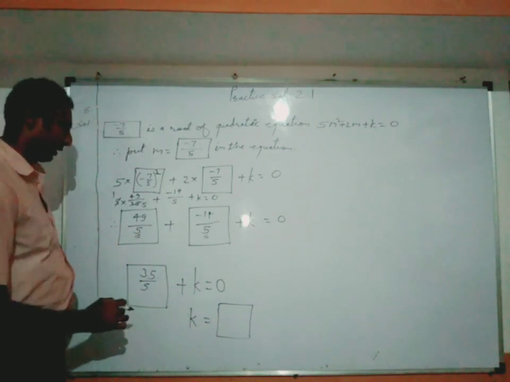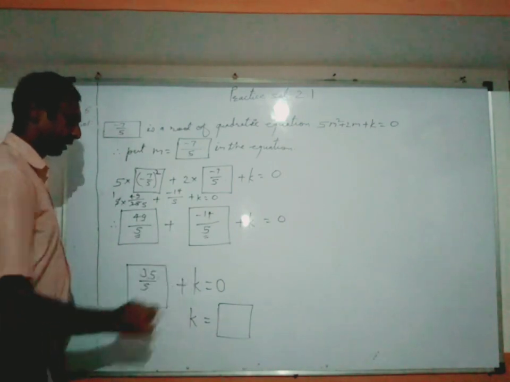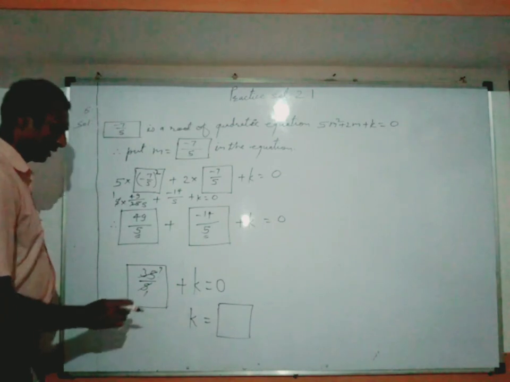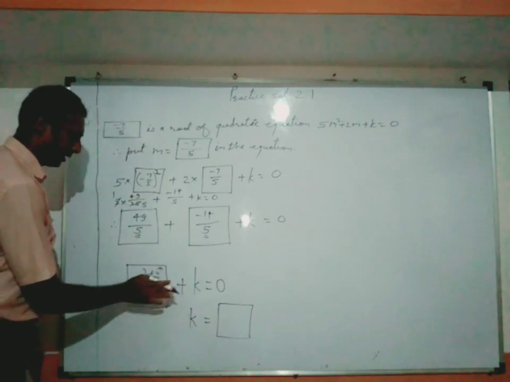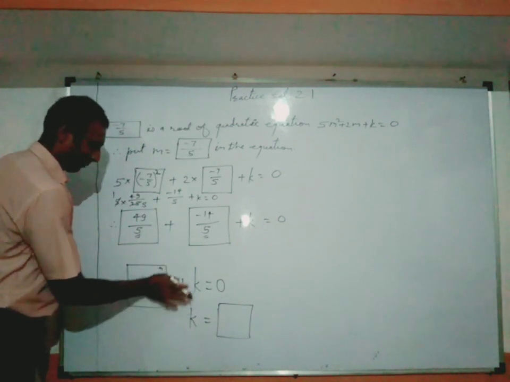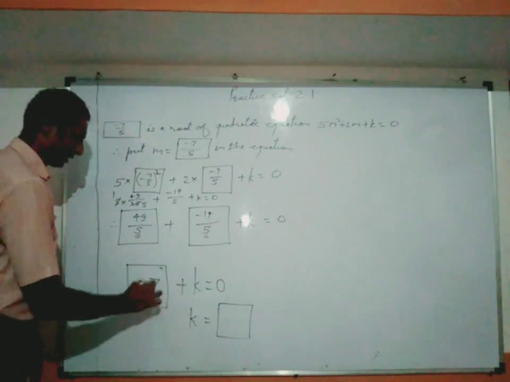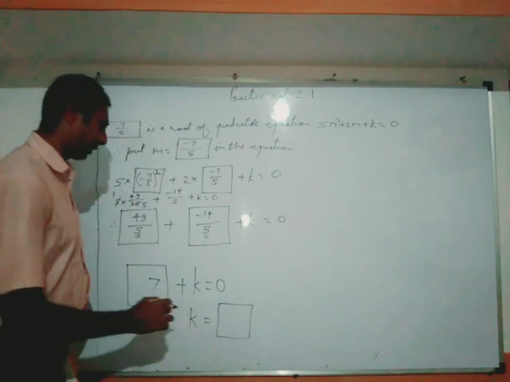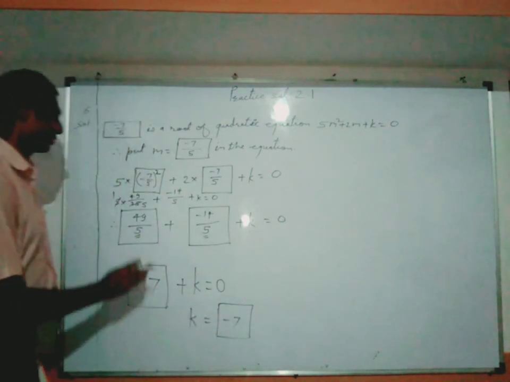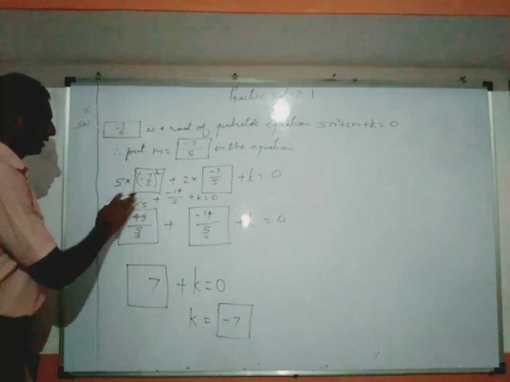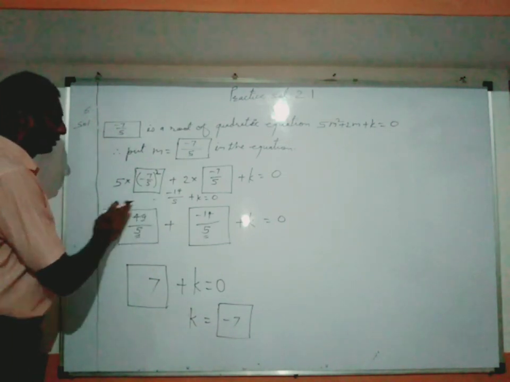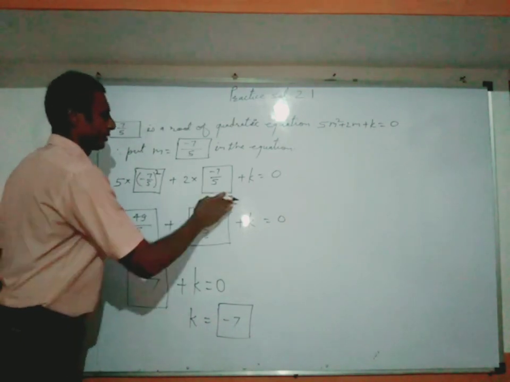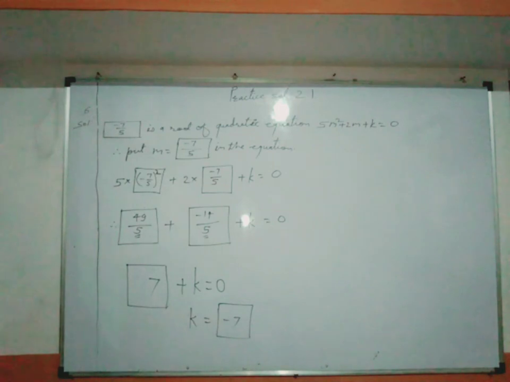And 35 upon 5 plus k equal to 0, means 5 ones are 5, 5 sevens are 35, means actually it must be 7 plus k. It must be 7 plus k equal to 0 and therefore k equals minus 7. Okay, let's erase this rough work. Hence the activity is complete.